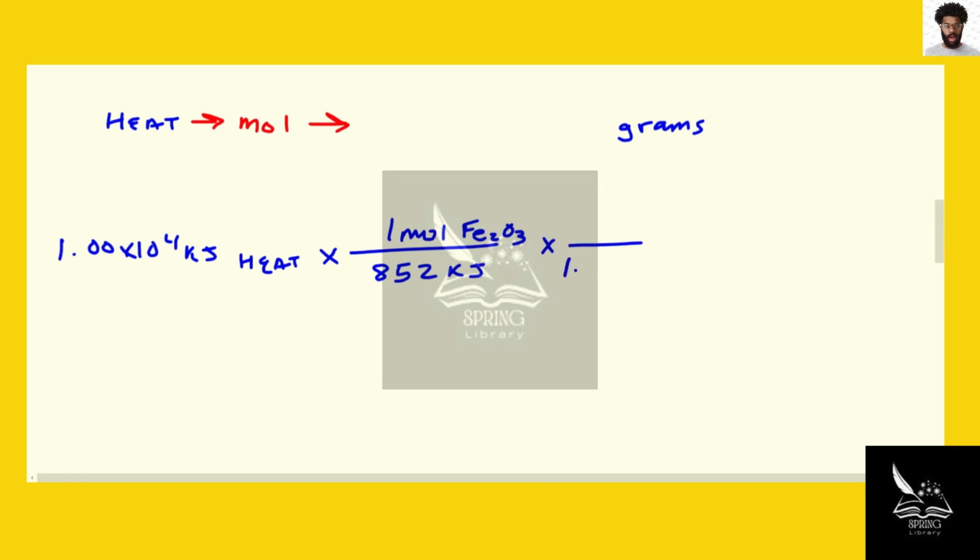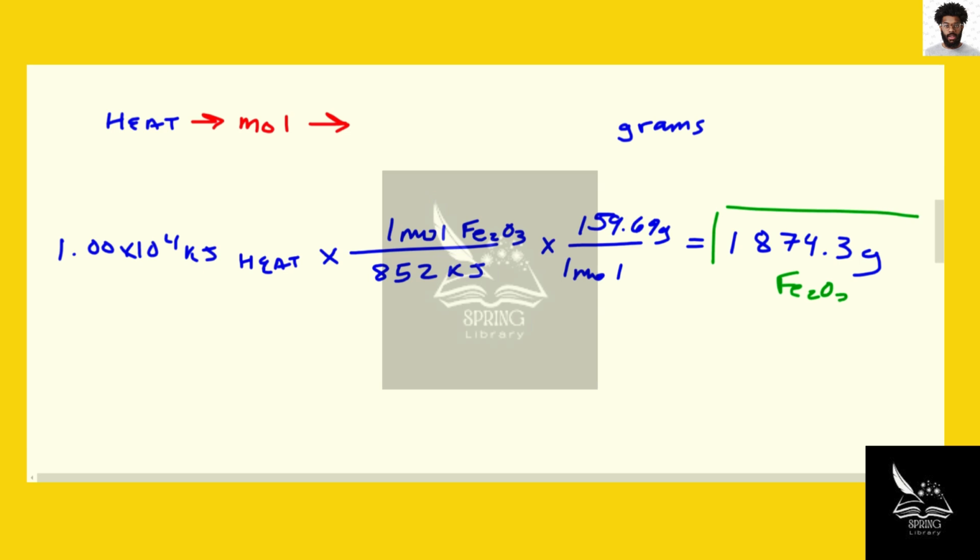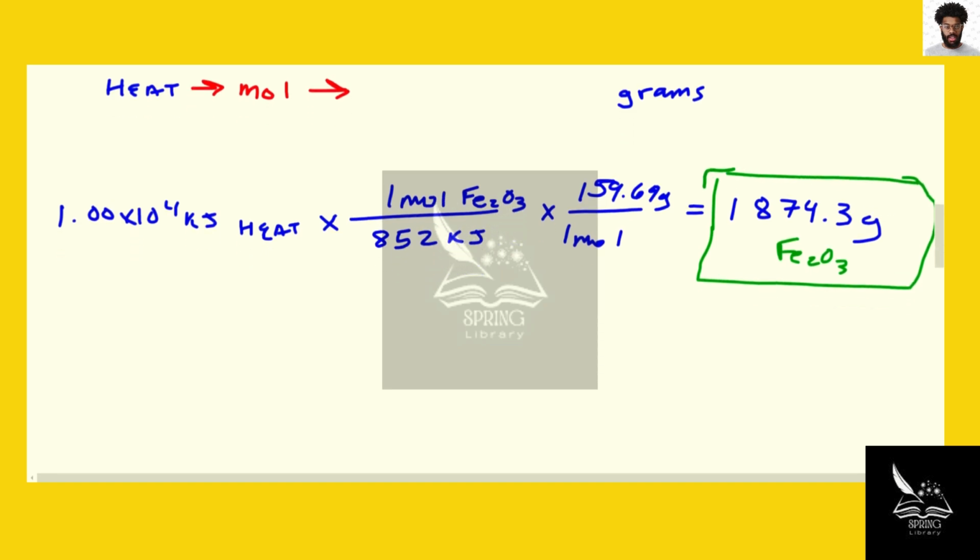The molecular weight of our iron 3 oxide is 159.69 grams, which will give us a final answer of 1,874.3 grams of iron 3 oxide needed to generate 1 times 10 to the fourth kilojoules of heat.